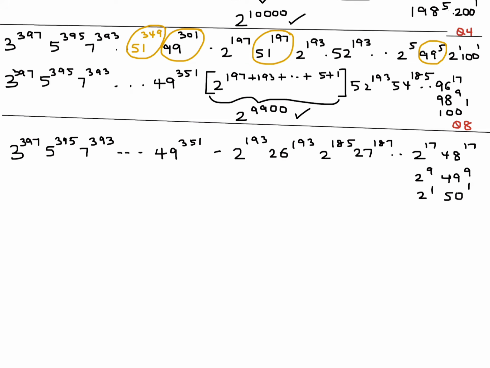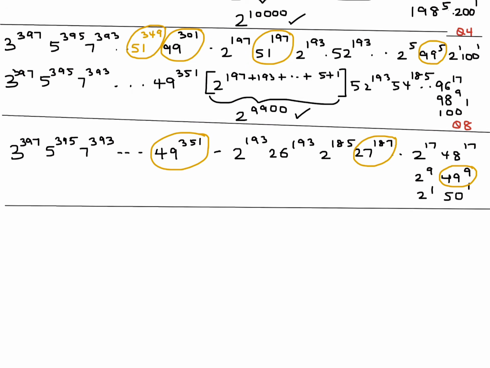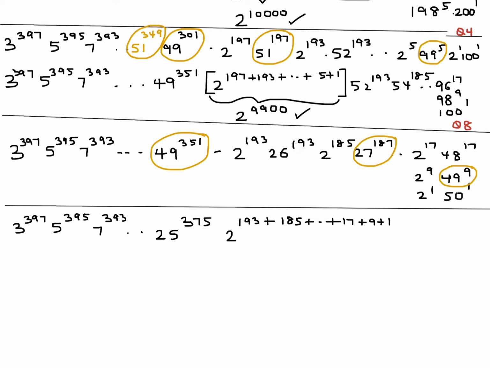And now, as before, you combine. So the 49 would combine with the 49 here. 351 plus 9 is 360. That's even. And very similarly, all the ones that have the odd bases will combine. And then the 2's, of course, we've got to calculate that. That's going to be 2, 193, 185, plus dot, dot, dot, all the way down to 17 plus 9 plus 1.